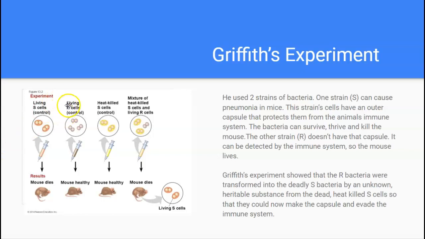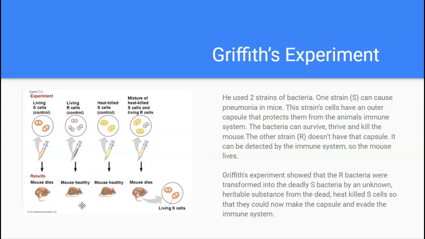Now you take some R, which is for rough because now the outside is bumpy. Okay, so you take this, you inject it into a mouse. The immune system can, with cell-to-cell communication, directly feel that, oh, that's not from me. And so the immune system will attack and the mouse might get a little bit sick, but eventually the immune system will kill all the bacteria and so the mouse lives and will be healthy.